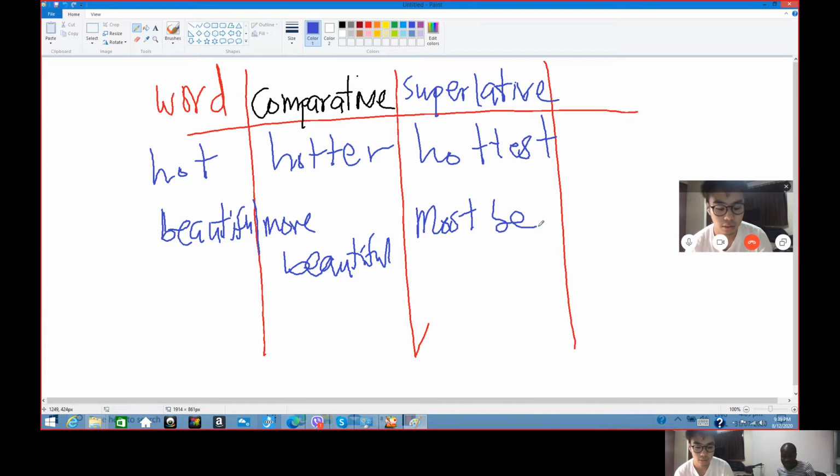So we use EST to make the word adjective superlative. But when you use ER, we make the word adjective comparative. So we finish with this one. Remember, derivation is getting something from something. We got gardener from garden. Inflectional means change in form.